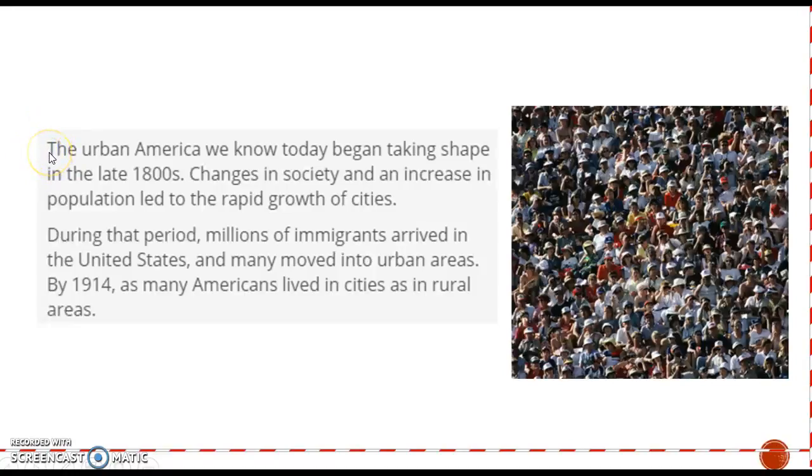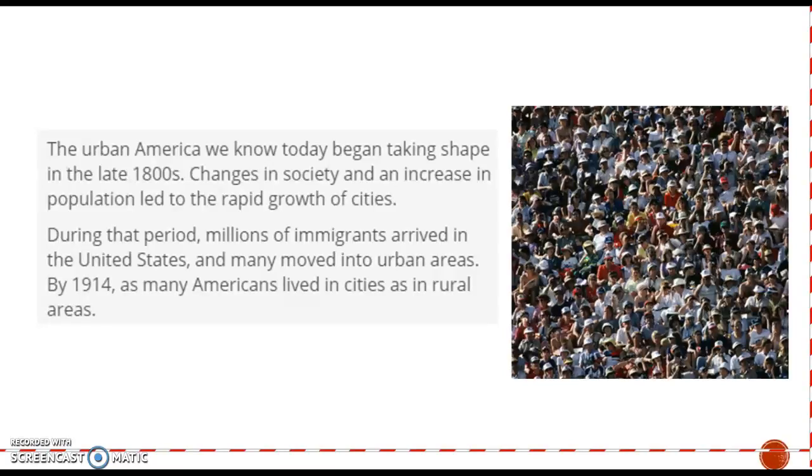Let's read. The urban America we know today began taking shape in the late 1800s. Changes in society and an increase in population led to the rapid growth of cities. During that period, millions of immigrants arrived in the United States and many moved into urban areas.